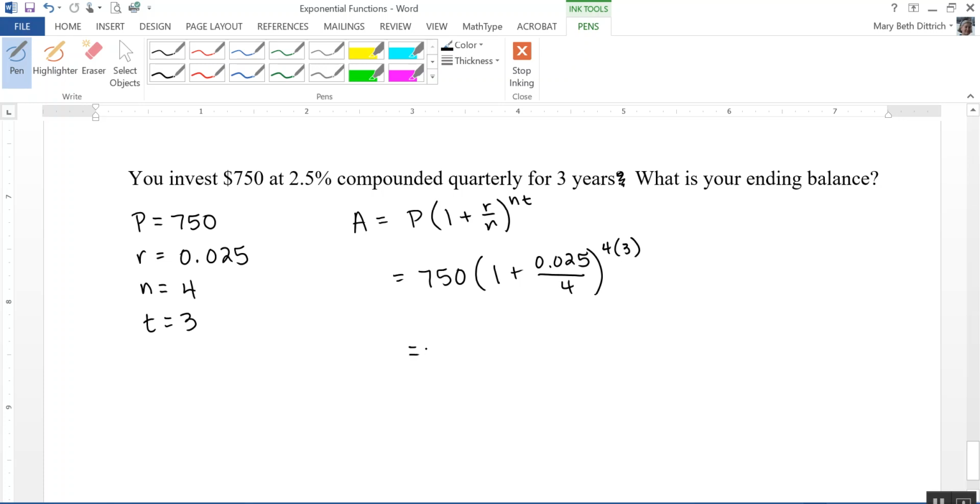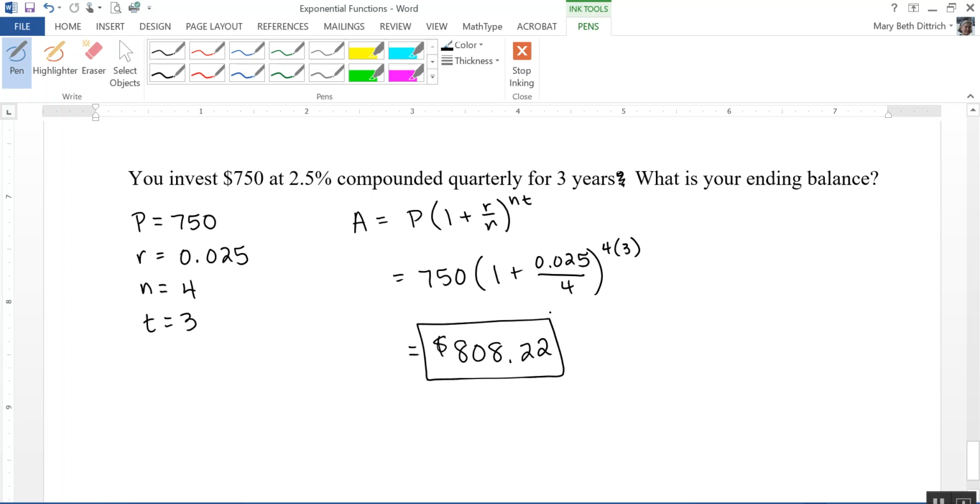Plugging that into my calculator, I like to do it in multiple steps, starting on the inside and working my way out. So I would do 0.025 divided by 4, plus 1, raised to the power of 12, times 750, and I get $808.22. Remember, you always want to round money to 2 decimal places.